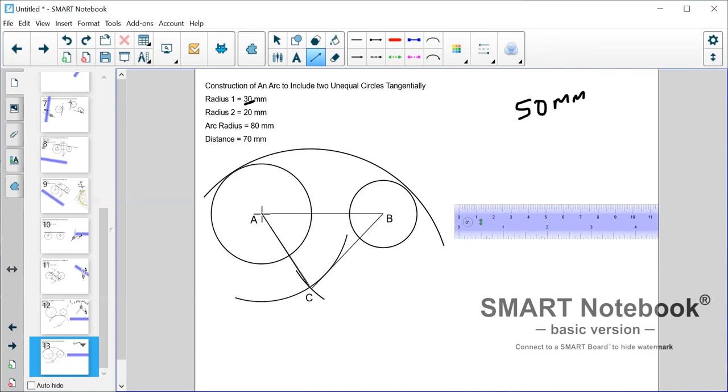Likewise, 50 plus the 30 gives you back 80. So once you open to 80, it's supposed to naturally touch these two circles. That's the concept behind this construction.